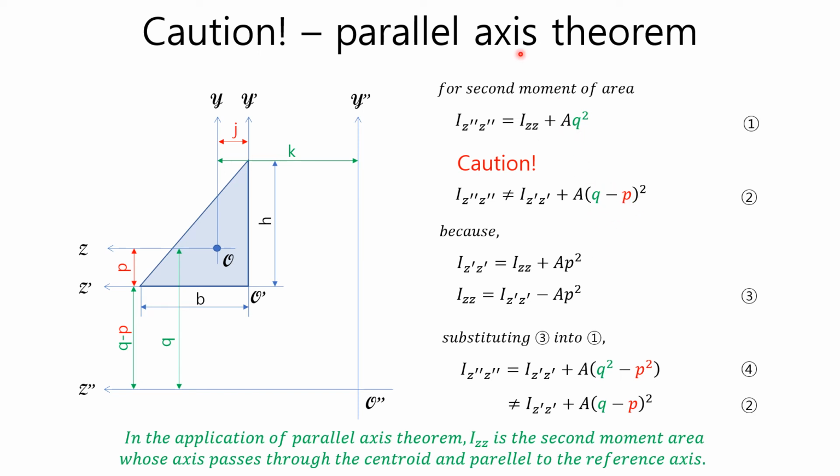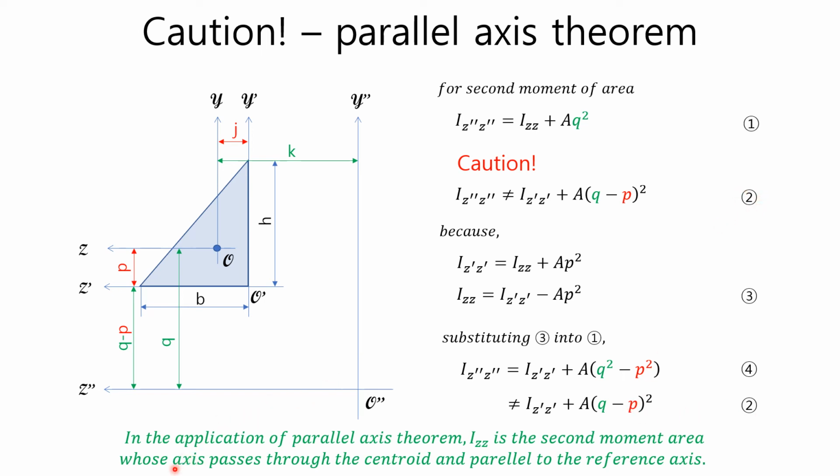In the parallel axis theorem, I will show why this is a wrong application. Iz can be expressed as equation 3 from the definition of second moment of area for Iz prime. Substituting Iz of equation 3 into equation 1 here, we obtain equation 4, which is not the same as the result of equation 2.